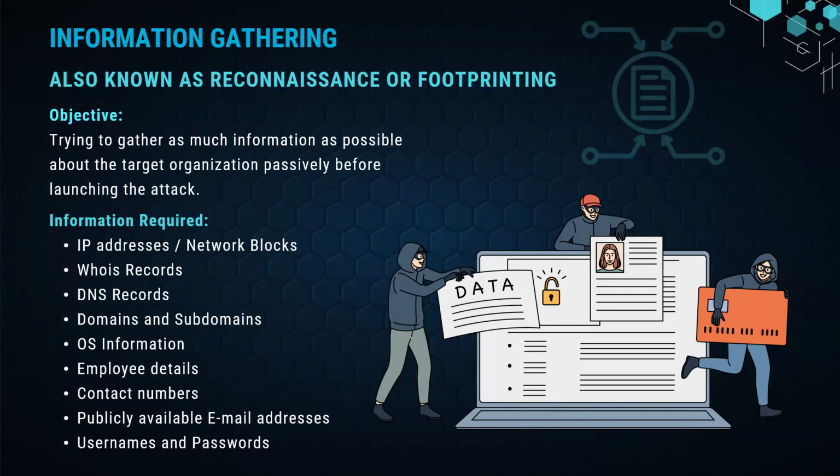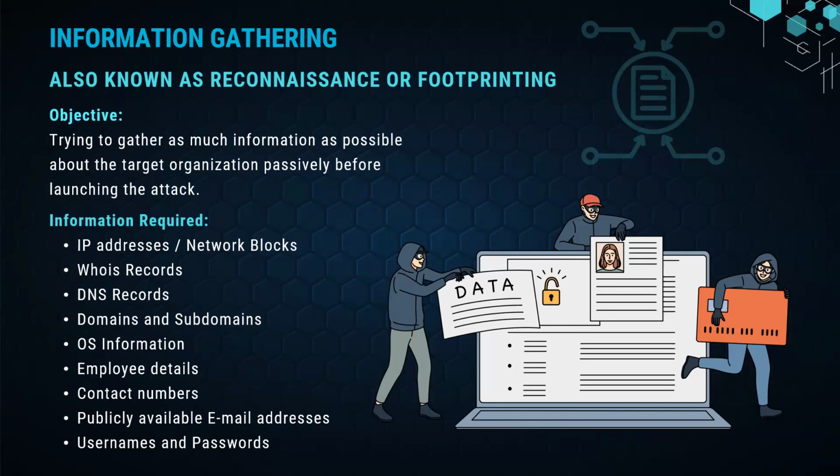Now, believe it or not, all of this information is readily available on the internet. The only thing is you need to know what those websites or resources are from where you can obtain this data. And don't worry, I know some pieces of information here might seem a bit gibberish to you. As we progress with our classes, I'm going to explain what each of these pieces of information are, why we need them, and how we can utilize them.